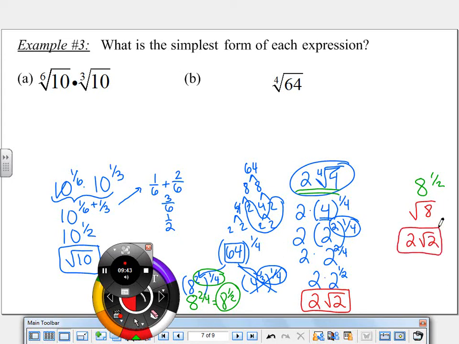So notice that either way, I get to the point that the 4th root of 64 is the same thing as 2 times the square root of 2. Just using this idea that I can rewrite this number in different ways, like 64 became 8 squared or 4 became 2 squared, if that helps me simplify the exponent.